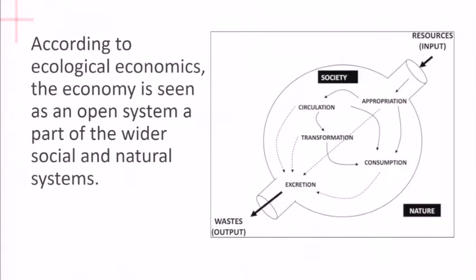And when we look at it, the economy also can be seen as an open system which involves all these processes of input, process and output. The carrying capacity of the biosphere, or its capacity to support the material throughput, is known as social metabolism.